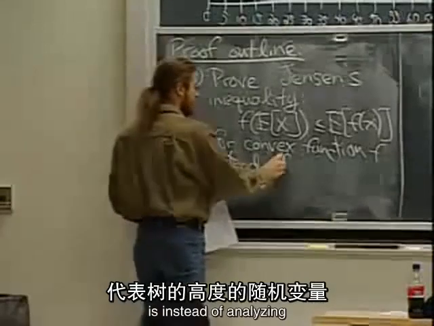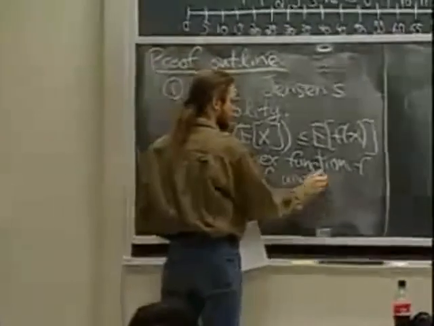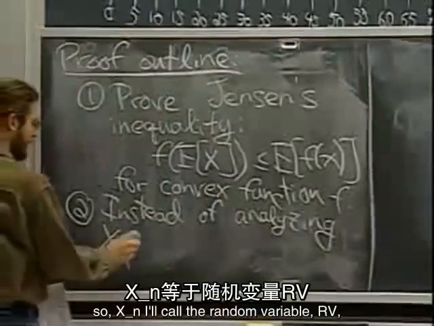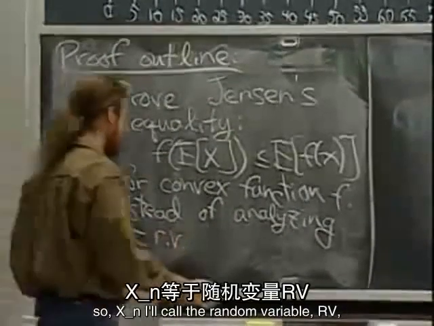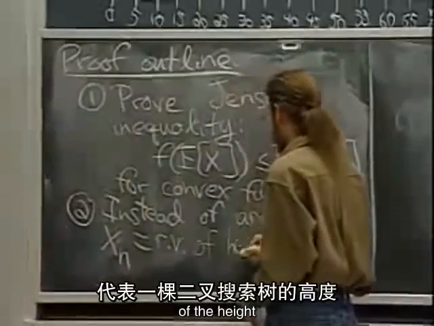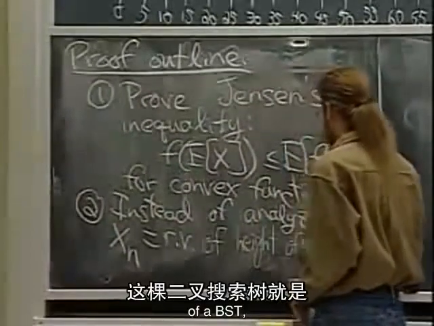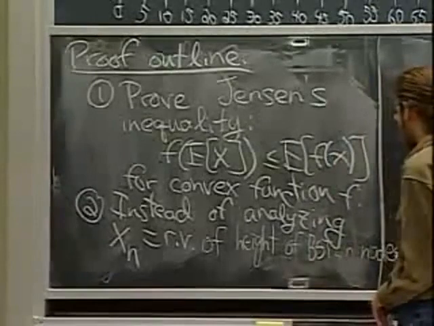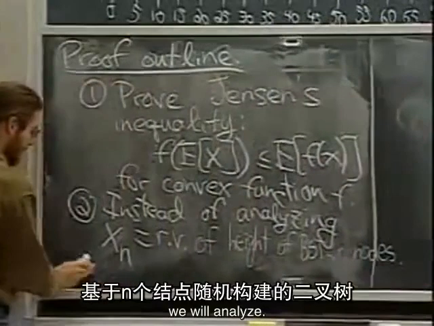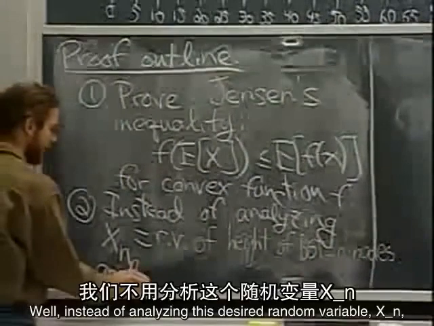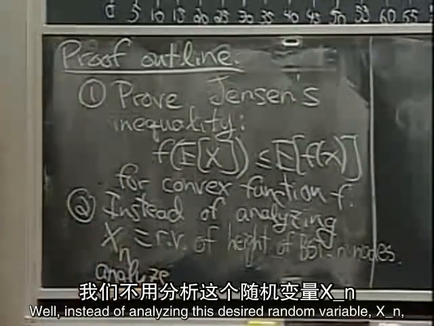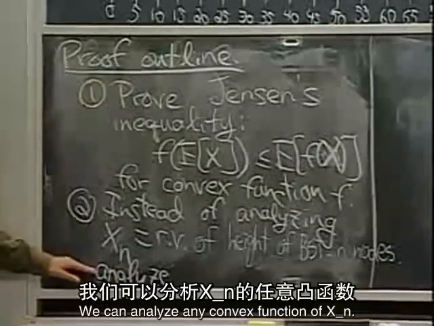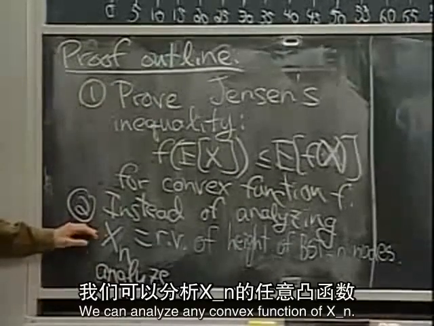What that allows us to do is, instead of analyzing the random variable that tells us the height of a tree, X_n, the random variable of the height of a randomly constructed BST on n nodes, we can analyze any convex function of X_n.